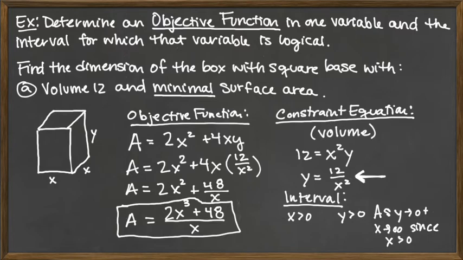So x squared is approaching infinity, but that means x would be approaching infinity rather than negative infinity, since we're starting with positive values to begin with. So that's a little bit on the technical side to get the entire interval 0 to infinity for which we would be optimizing over. Okay?